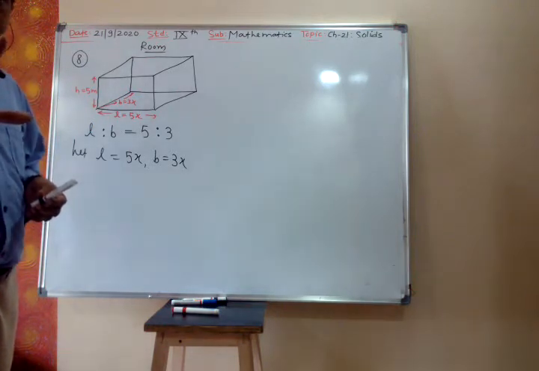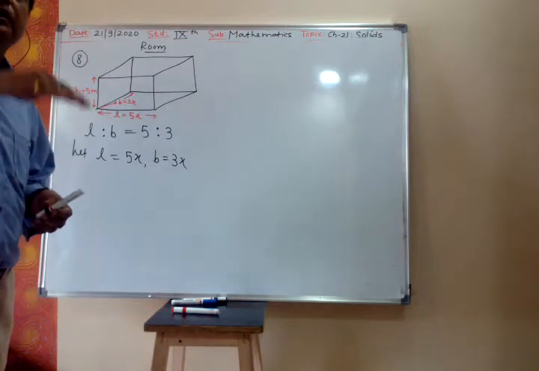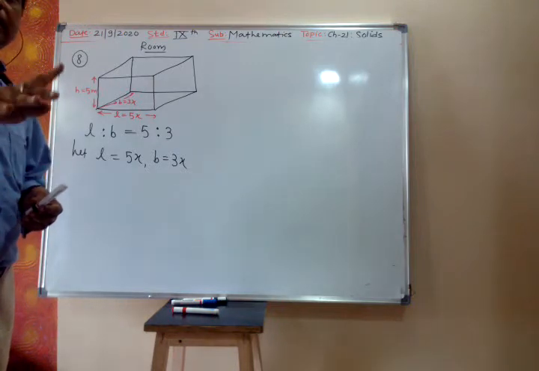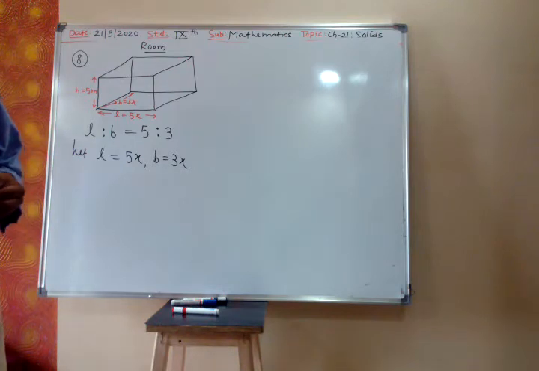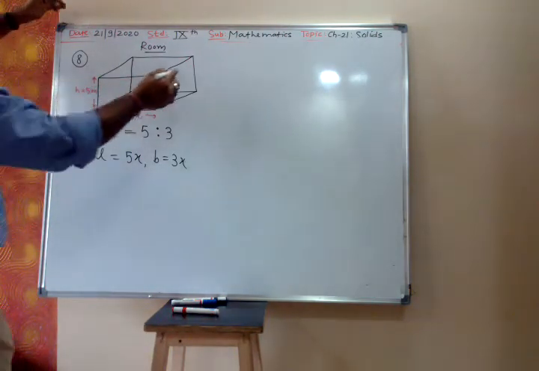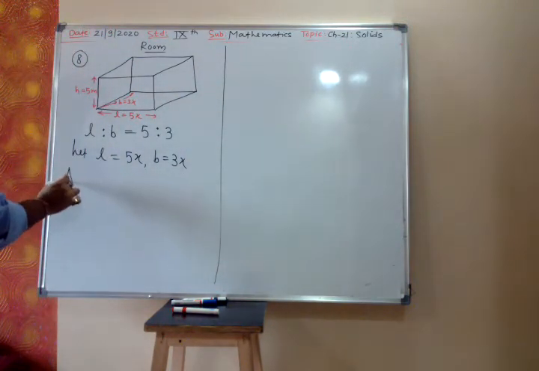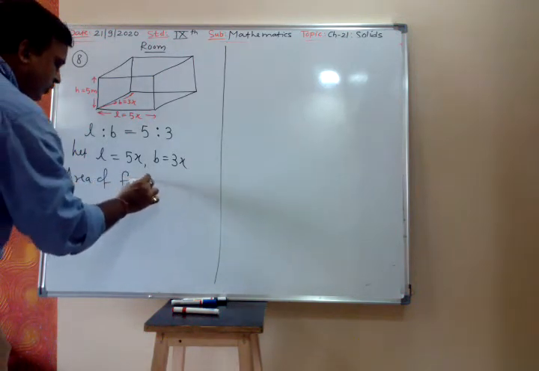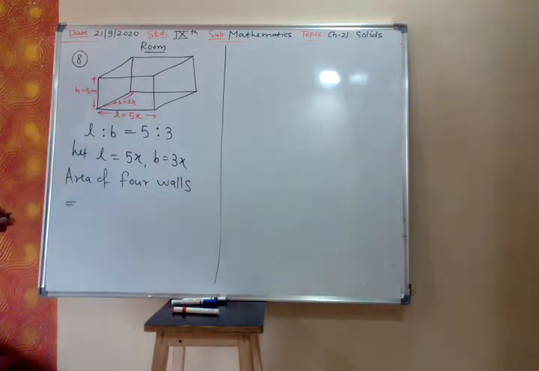Is it clear? But when we remove the bottom and top, which area do we get? When we remove the bottom and top, we get curved surface area. Write down: area of 4 walls of the room. Area of 4 walls is equal to which area?